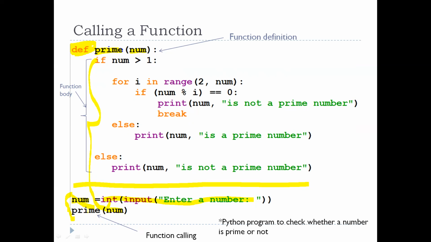I pass the number which I have taken from the user to prime, and then the prime function will be called. When this function is called, the function body will start working and this code will be executed. So this is how a function works.